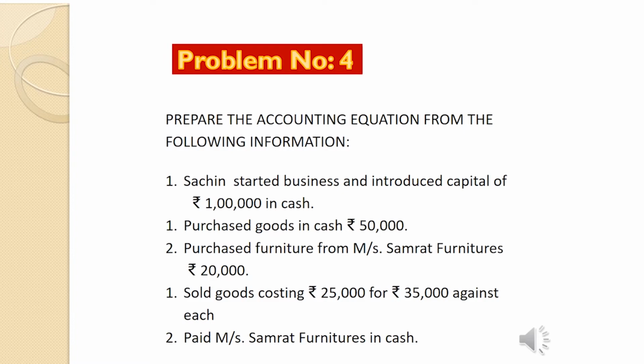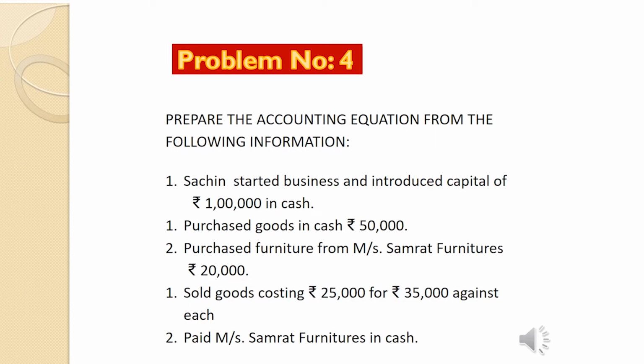Third transaction, purchased furniture from Samrat Furnitures rupees 20,000. Next transaction is sold goods costing rupees 25,000 for rupees 35,000 in cash. Paid Samrat Furnitures in cash.